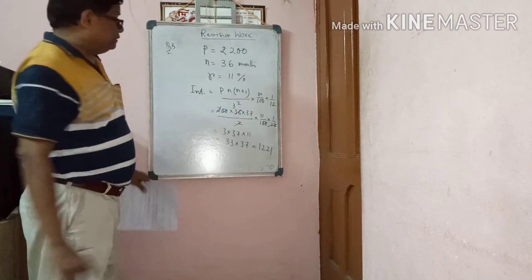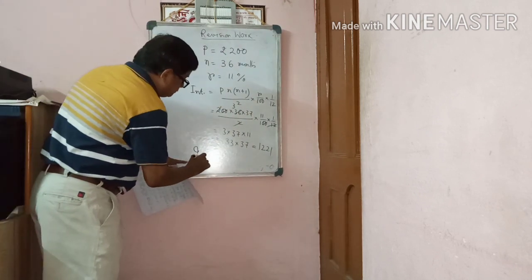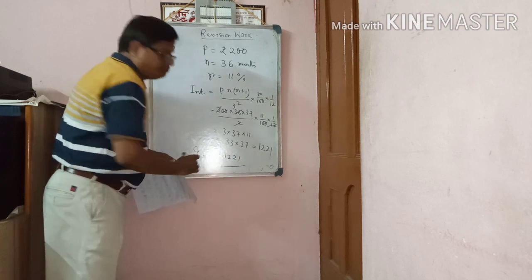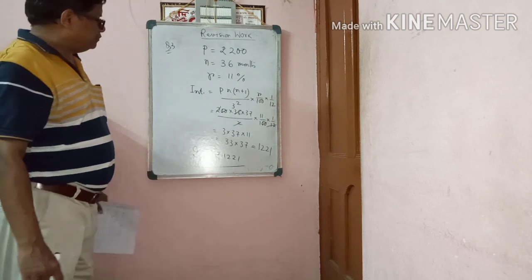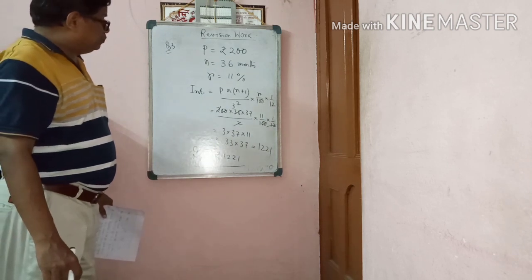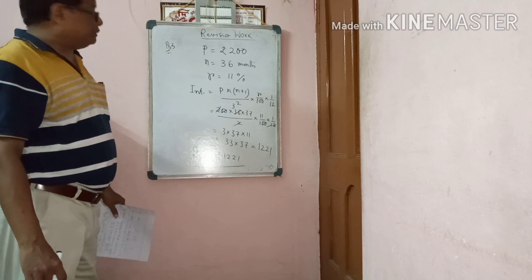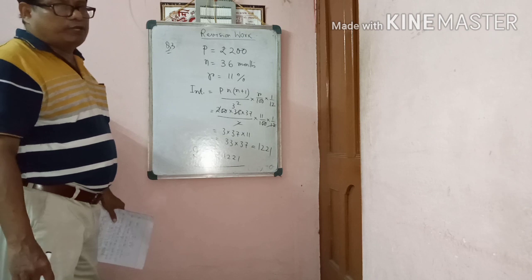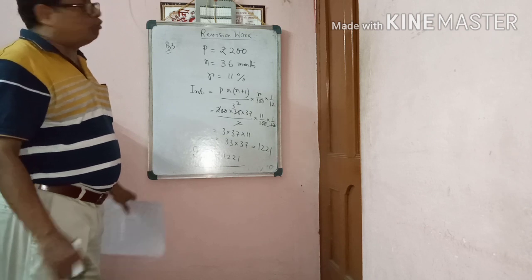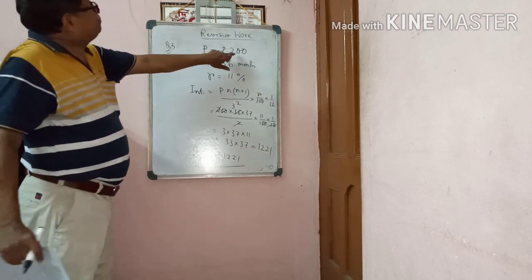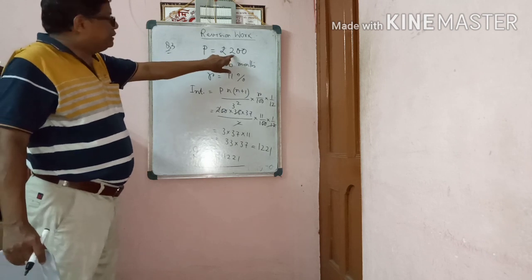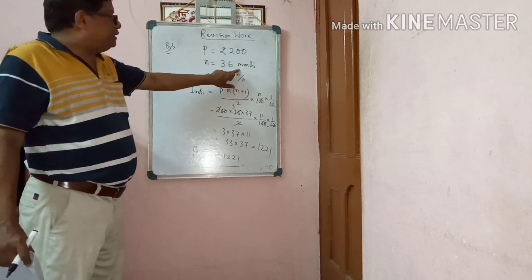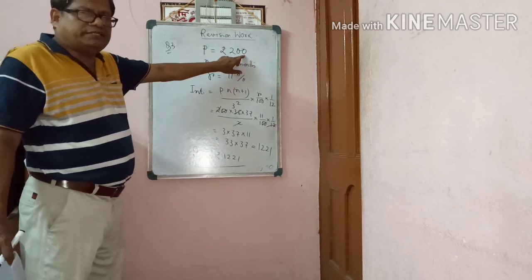So interest equal to rupees 1221. And maturity value, so all of you know maturity value already, that is per month you deposited rupees 200, 36 months, so already 36 into 200.